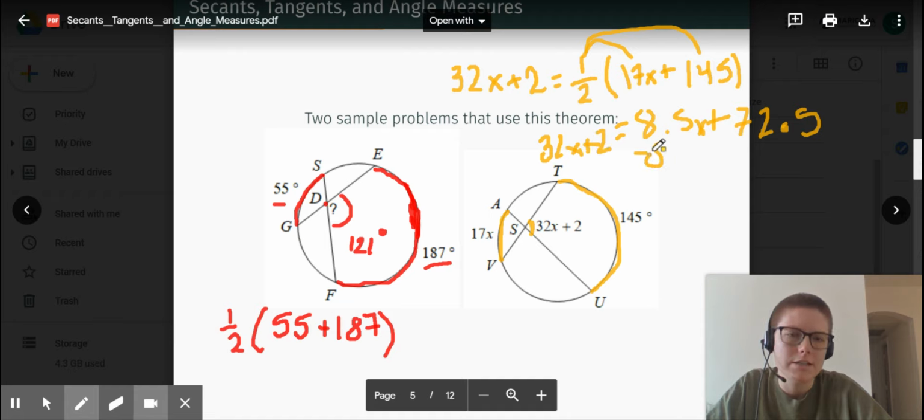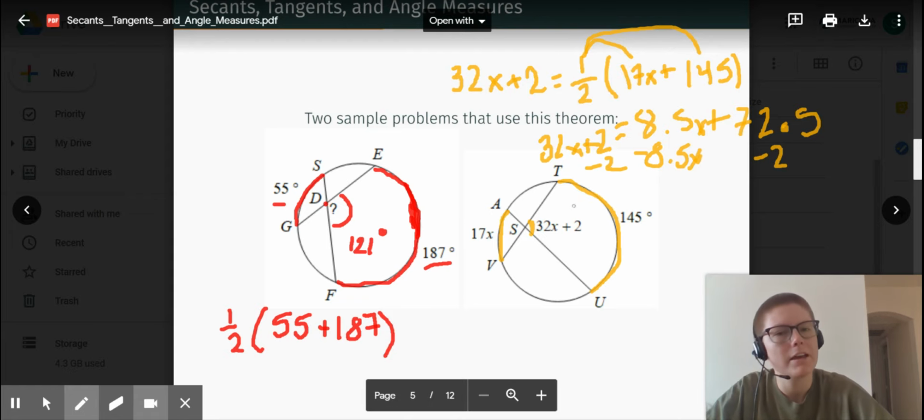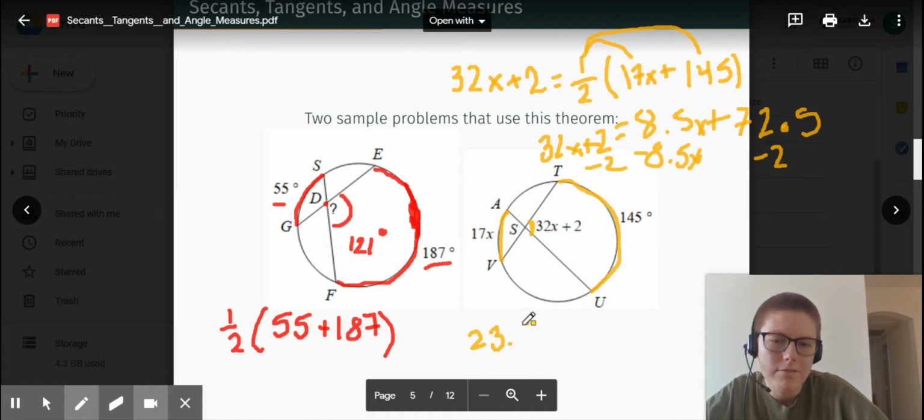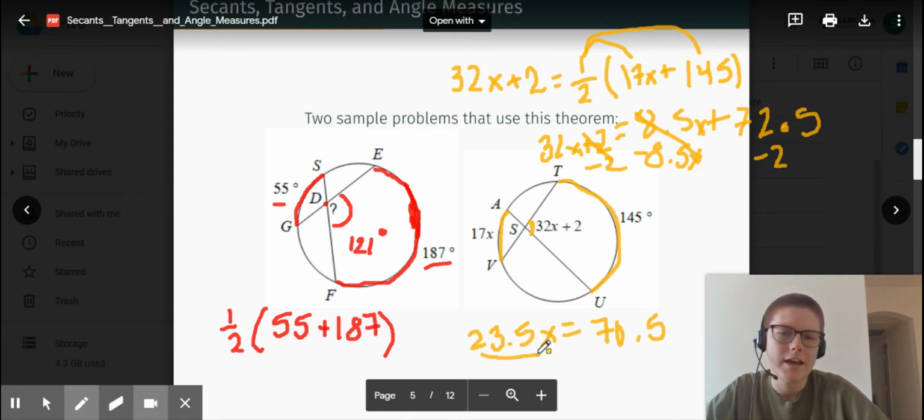I'm going to subtract this 8.5x over to here and subtract this 2 over to here. 32 minus 8.5, my calculator says, is 23.5x. 72.5 minus 2 is 70.5. And then we want to divide. I'm not going to write down all that division. 70.5 divided by 23.5 is 3.